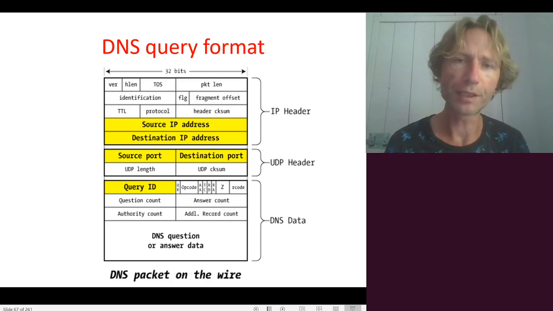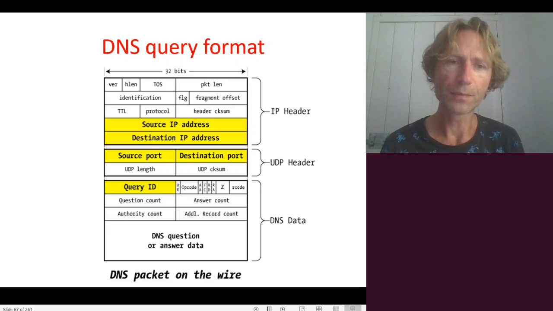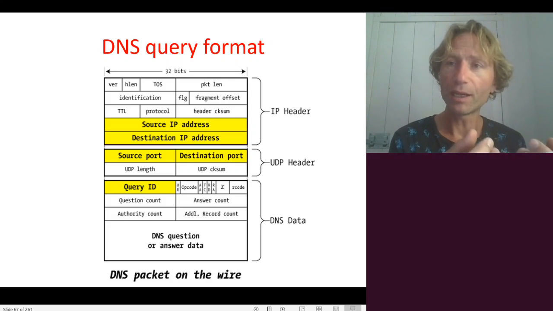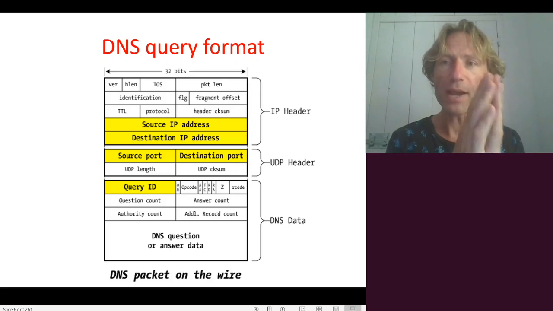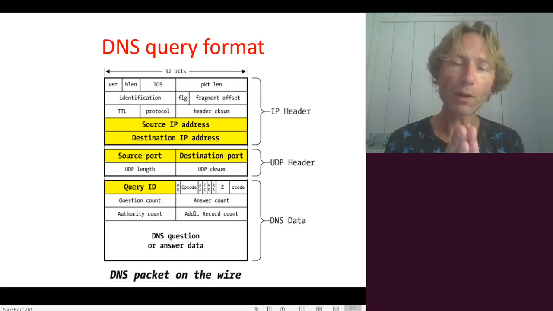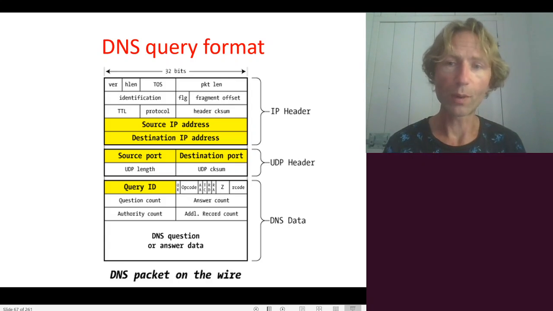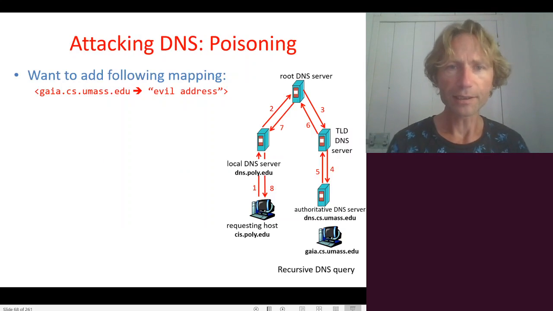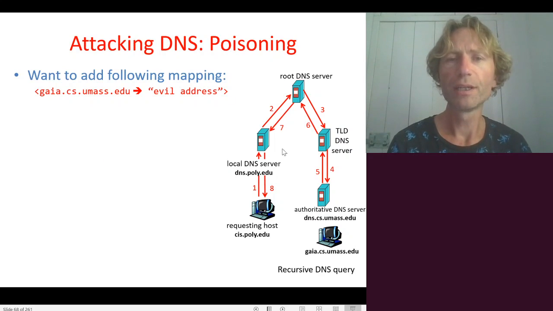A reply comes in with a query ID. The reply also has a query ID, and the query ID has to match. So you know what reply this is by matching it with the query ID of the request. So there has to be a match between the reply and the request in terms of the query ID, and that's important.